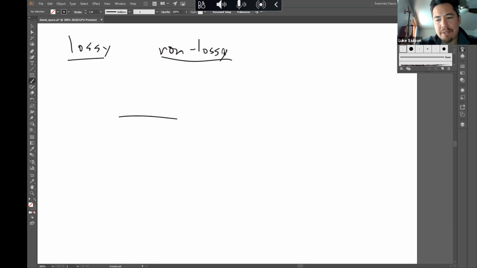So what's an example of a lossy compression format that's used for consumer stuff? JPEG. Right, JPEG would be a good example. What's another one for audio? MP3. Good, MP3. All of the video codecs that people use are lossy.